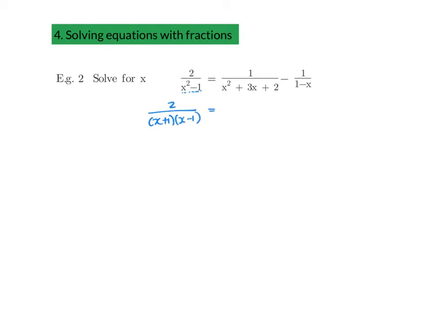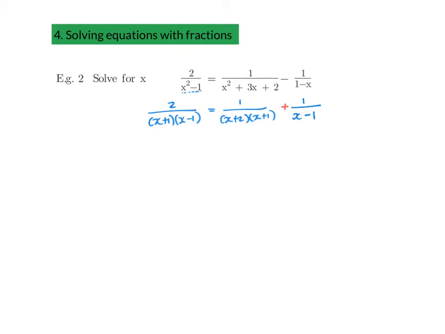My next fraction has a trinomial as the denominator. So let's factorize that. That will be x plus 2, x plus 1. And the last fraction, if I look at the denominator, it is a switch around of other factors I already have. So let's make my life easier and switch it back around. Remember, you switch around by changing the sign, x minus 1.